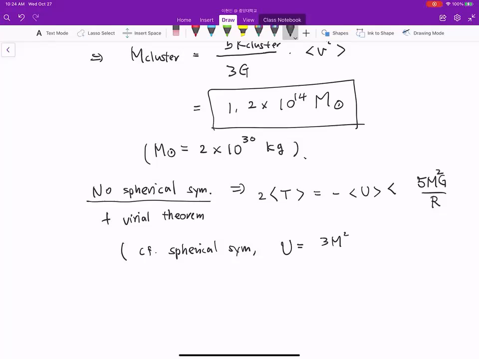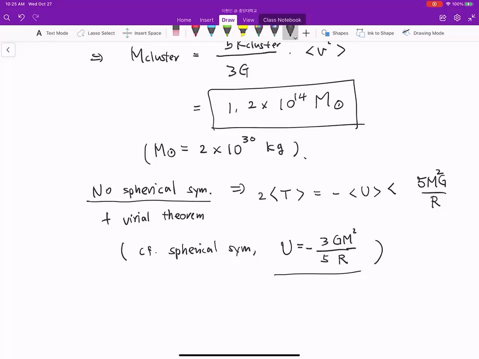Sorry, this is m square, minus 9. So you can compute the gravitational self-energy for a mass distribution with spherical symmetry and radius r.